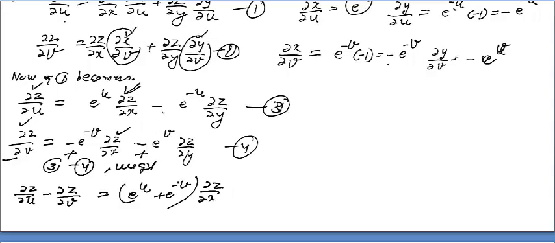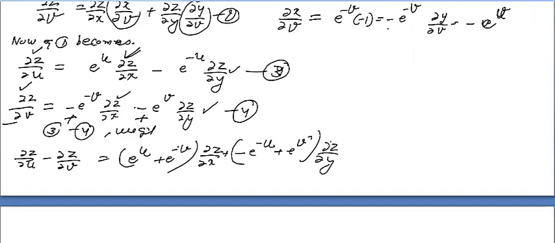Now here minus e raised to power minus u plus e raised to power v, and plus is outside this one. Curl z by curl y is common. Now see the next step.